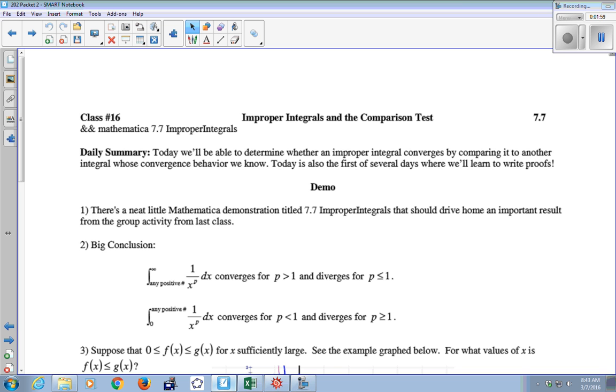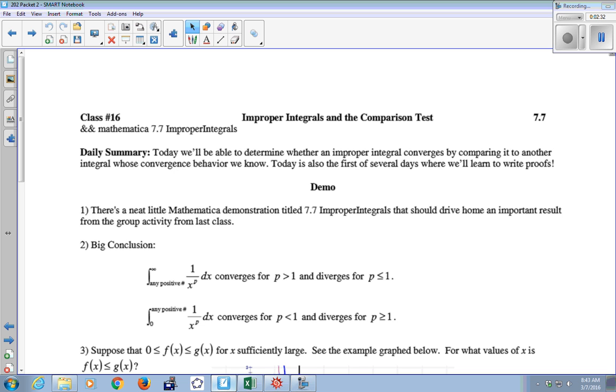Converges means that there is a finite amount of area underneath the curve. So if you get any number as your answer, you say the integral converges. Diverges means that there's an infinite amount of area under the curve. So if you try to take the limit and you get infinity, then you would say that that integral diverges.